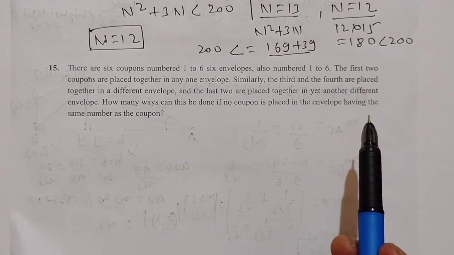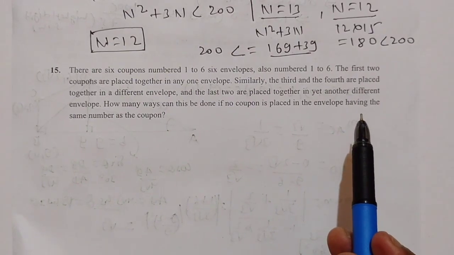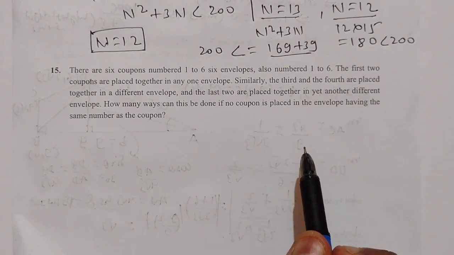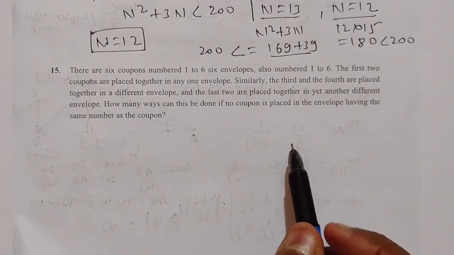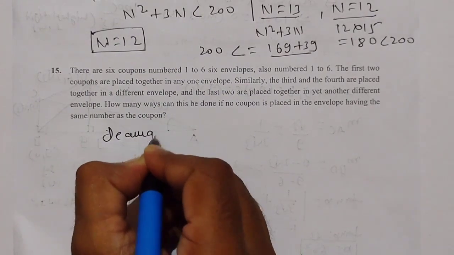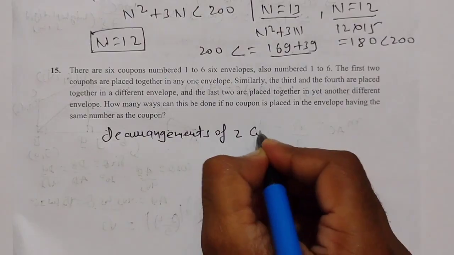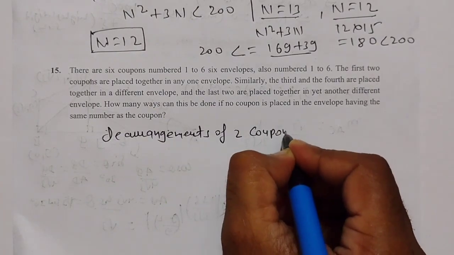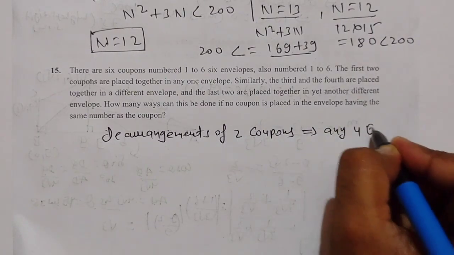How many ways can this be done if no coupon is placed in the envelope having the same number as the coupon? So now in this case, at first the de-arrangement of 2 coupons can go into any 4 envelopes.